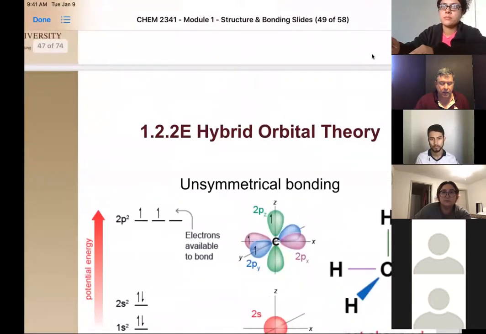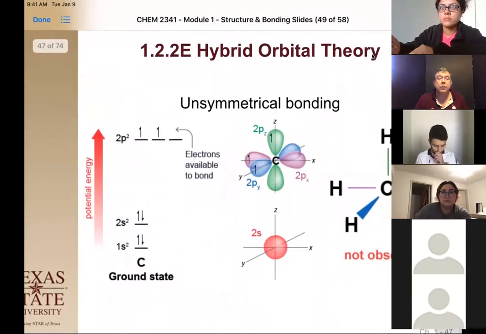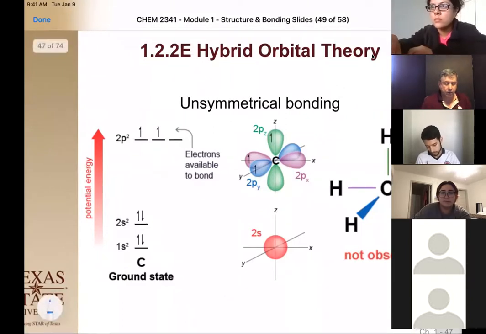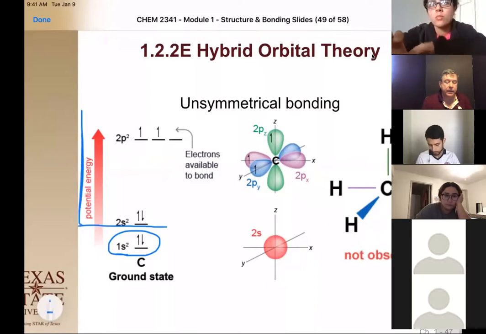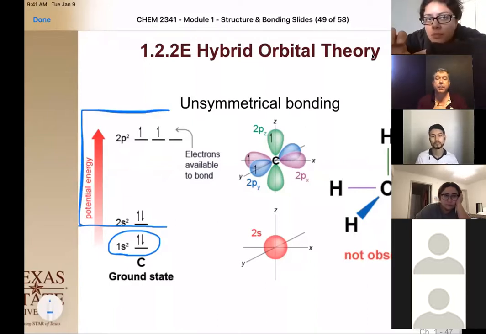Okay, so if we were to look at the orbitals available to us in a carbon atom, and we want to bond 4 things to that carbon, these are our core electrons. These don't participate in bonding. Only these 4 electrons in the second energy level will participate in bonding.